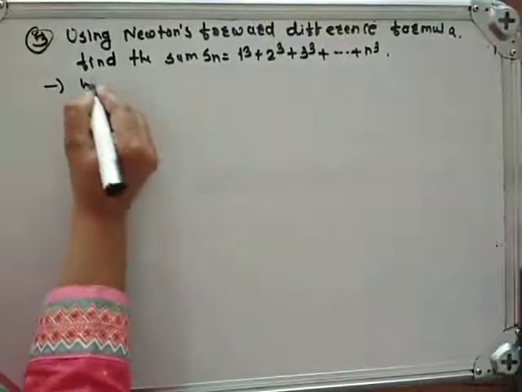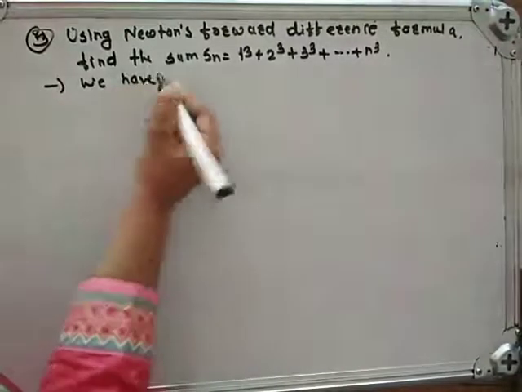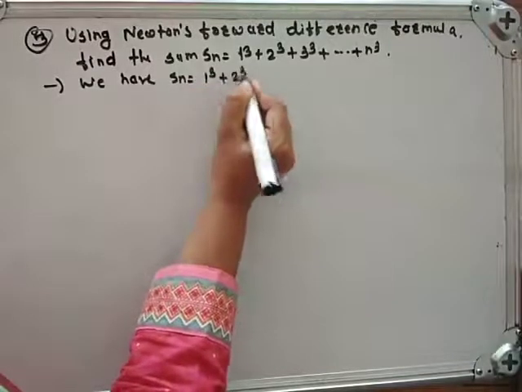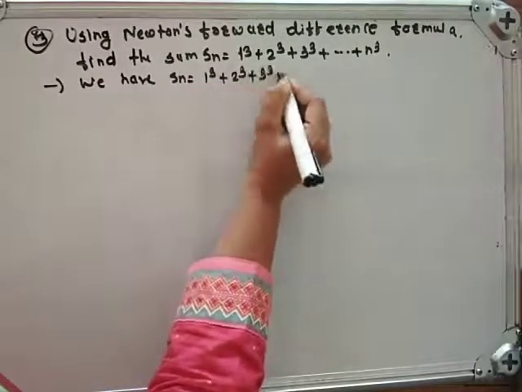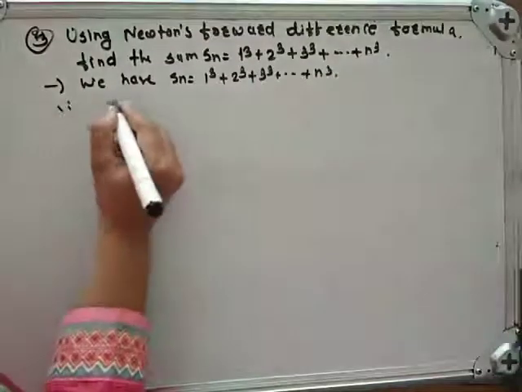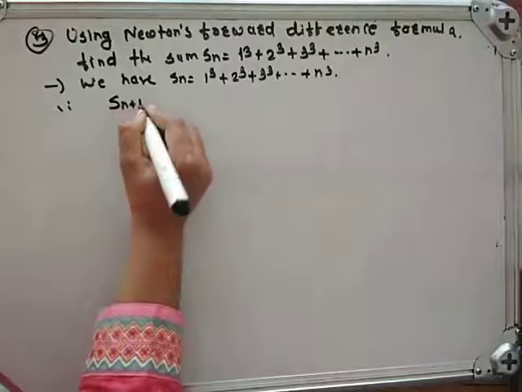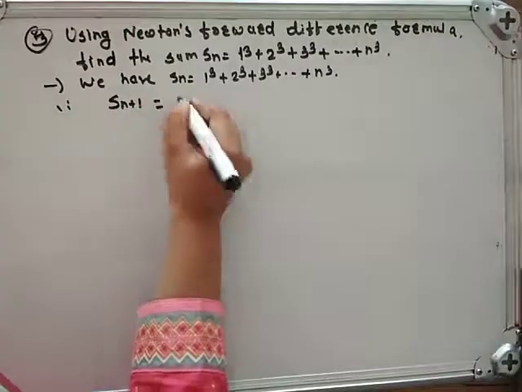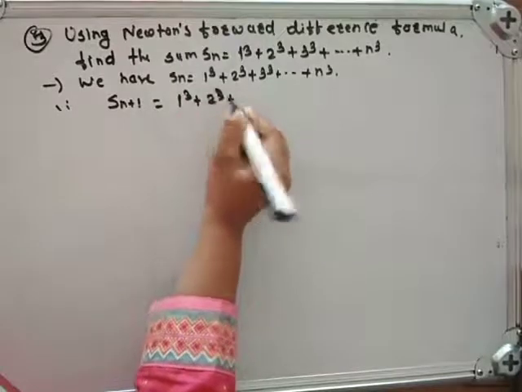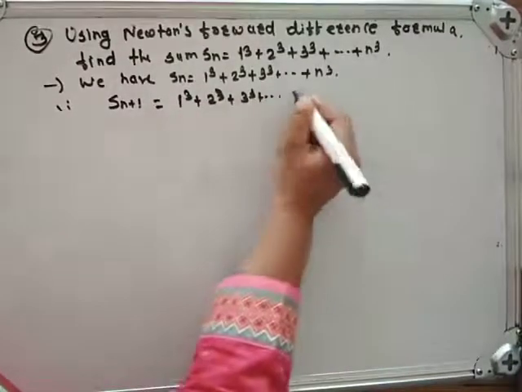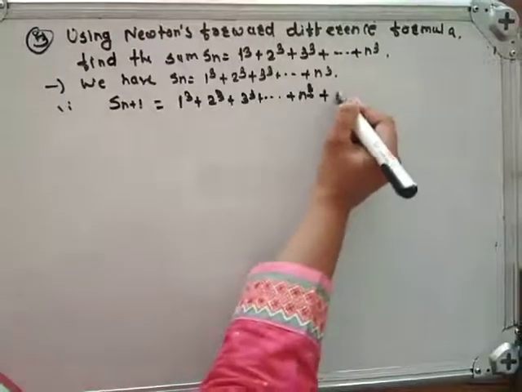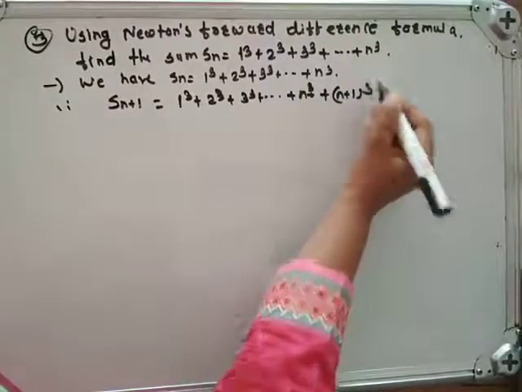Here we have given that Sn is equal to 1 cube plus 2 cube plus 3 cube and so on up to plus n cube. Therefore, Sn plus 1 is 1 cube plus 2 cube plus 3 cube and so on plus n cube plus n plus 1 cube.